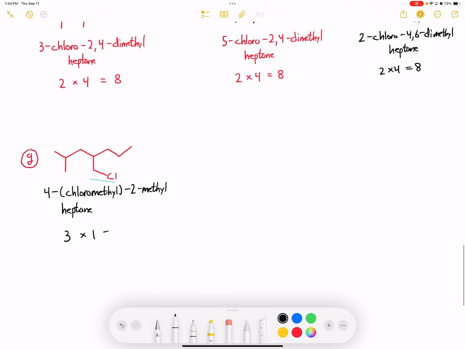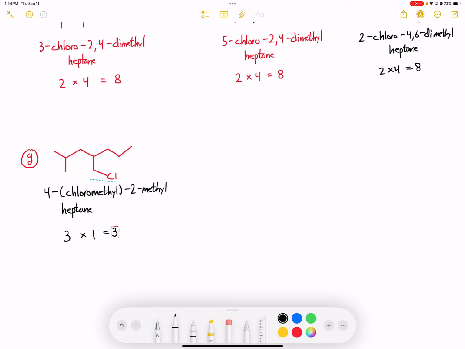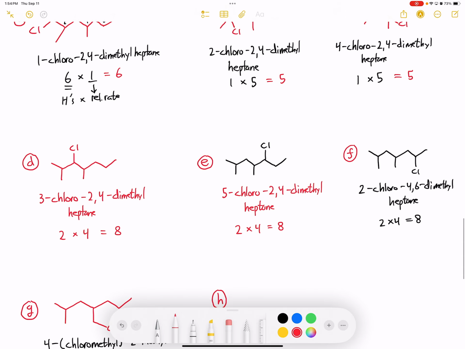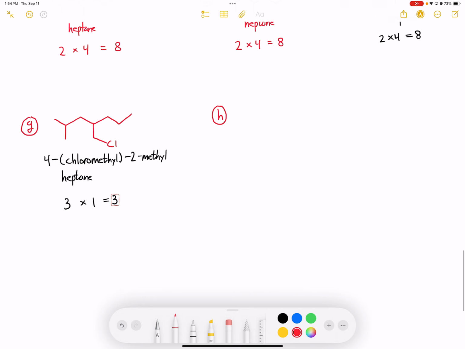All right, so that's going to be 3. Good. Now the last one, H. All right, H is where we saw it was coming off. It's the end of the heptane on the right. Okay, so H there. We would draw something like this.